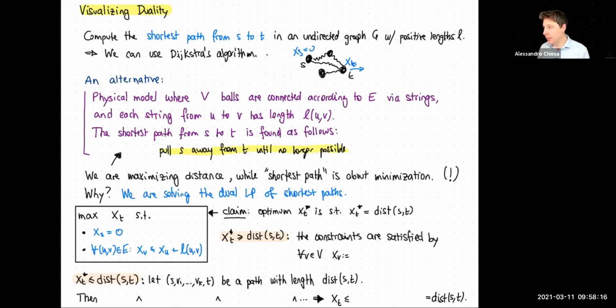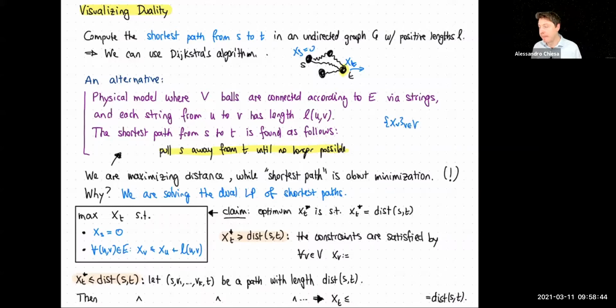There's a question: can you clarify what is x_t? The variables in our problem are x_v for v in V, so we're introducing one variable per vertex. In general, an objective function can be any linear combination of these. For the linear program at hand, all of them have coefficient 0 but one, specifically the variable x_t, associated to the t vertex, this one over here.